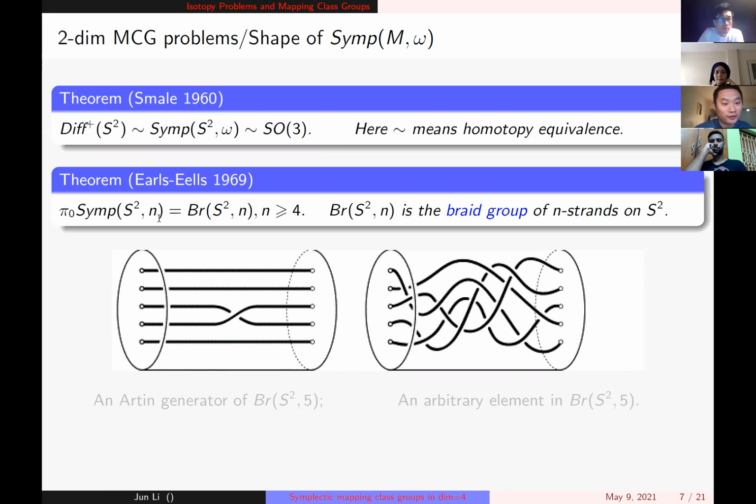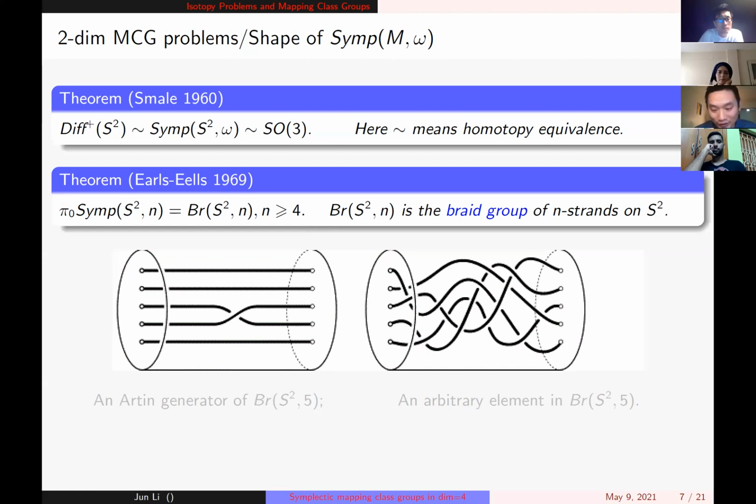They proved that the full symplectomorphism group of the n-punctured S2 is homotopy equivalent to the n-strand braid group, provided n is greater than or equal to 4. When n is smaller than 4, we have no braiding, but the homotopy type is still computable. It's like some circle or product of circles.